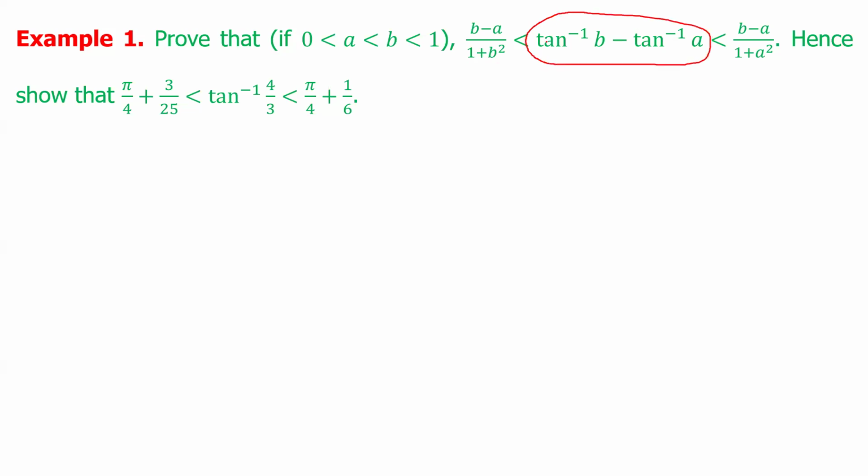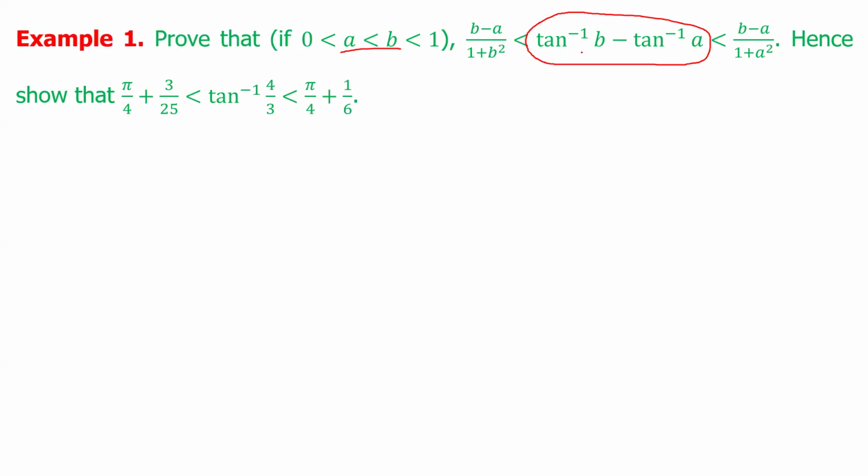The function is given by tan inverse of b minus tan inverse of a. Because we have already seen that in Lagrange's mean value theorem, there is an upper limit and a lower limit, or the interval has a lower part and an upper part. So here a and b are the lower and upper values of the interval.